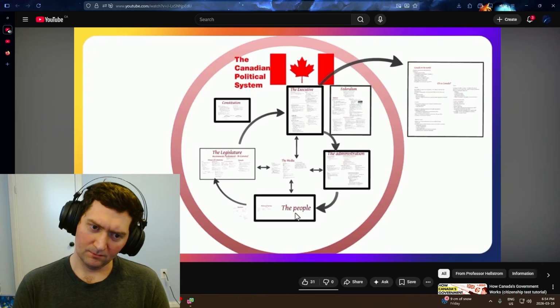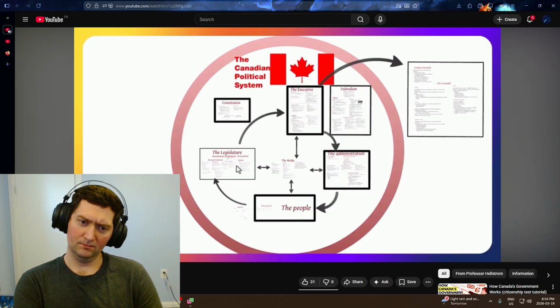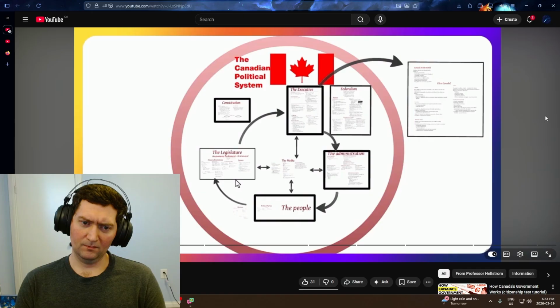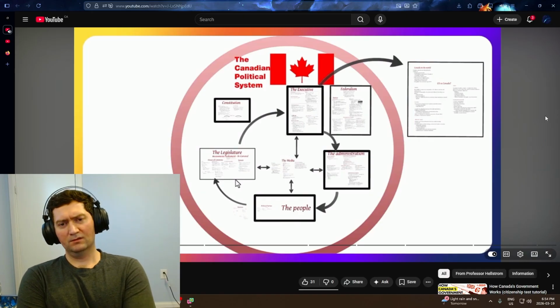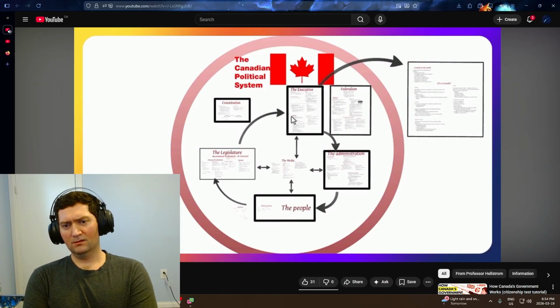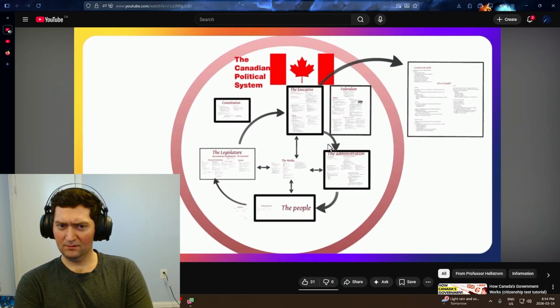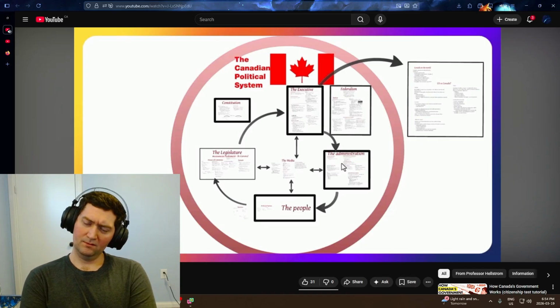They elect their representatives to the legislature, in this case to the House of Commons, and the House of Commons elects an executive, and the executive steers the administration, which produces output, social services, and policy that affects the people, and the people can then evaluate that. So it goes in a circle. That's the general sense of how it should function.